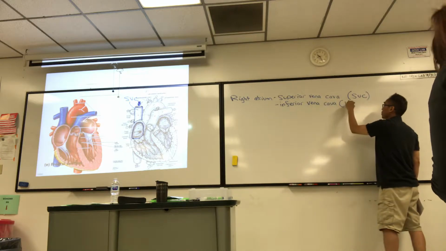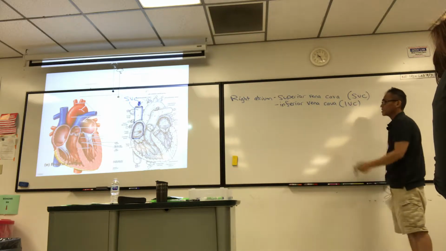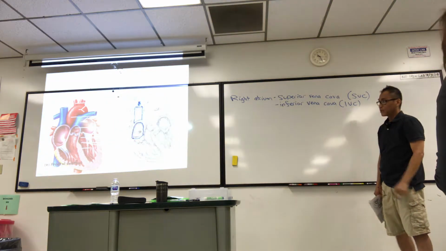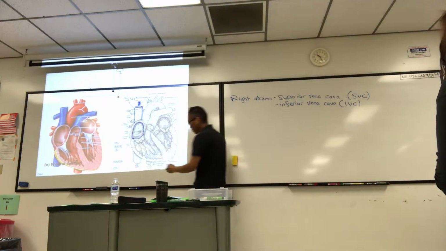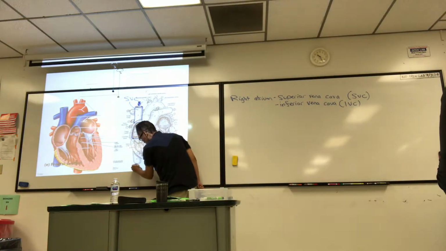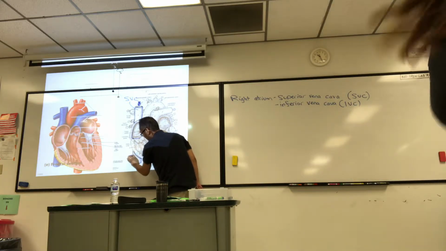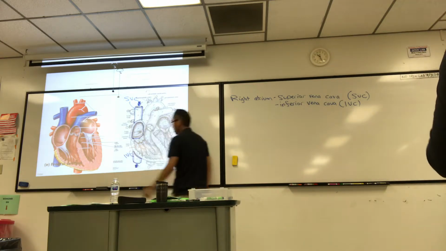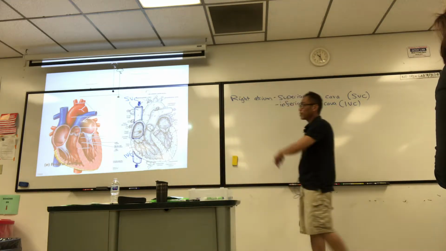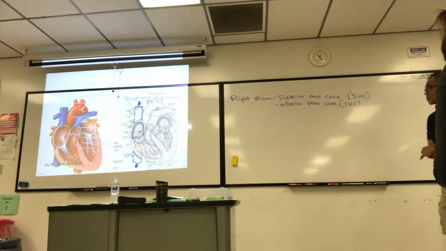Now I'm using blue because it symbolizes the deoxygenated blood. So on this picture, it's right there. There's a little blue arrow down there. Blood is going up, and here's the inferior vena cava right there. Okay, IVC. And there it is. And you can see it on the picture that's right next to it too.